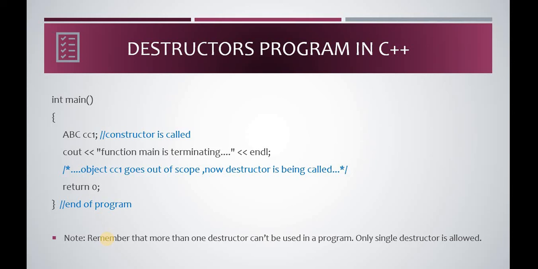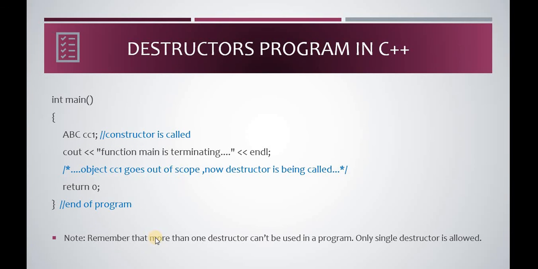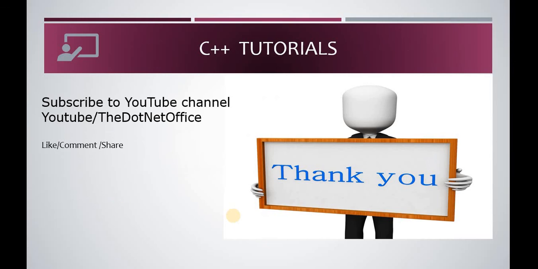You can run this program in your compiler and see that first this syntax will print, and then this will print when the object goes out of scope. We cannot overload a destructor, so only one destructor is allowed in a class.